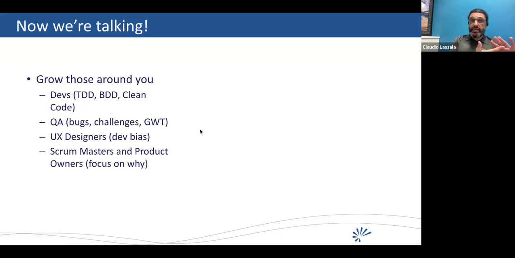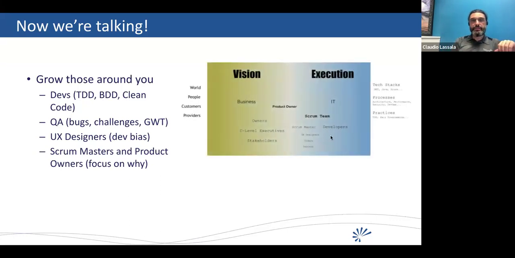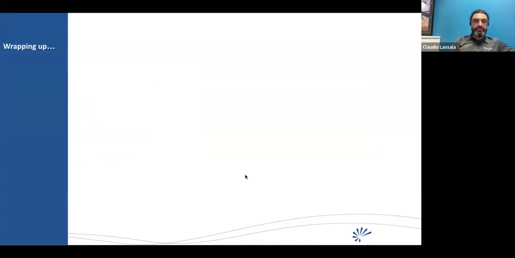You get UX designers also seeing things from the problem domain standpoint and not from the technical standpoint. Scrum masters, product owners focusing on the why we are working on certain stories. What value does it bring? Right? And that's how we're bridging that gap between the two spheres there, making better use of our time.